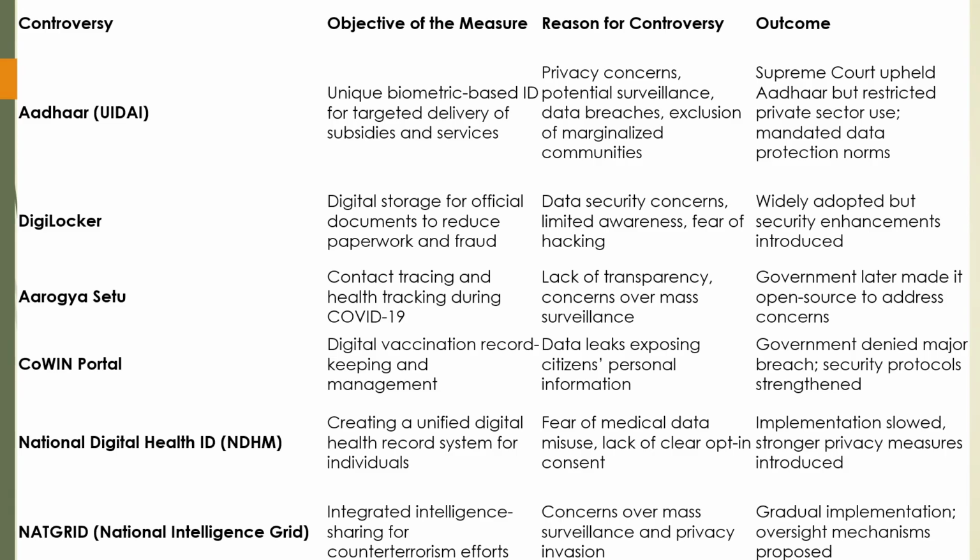Outcome: widely adopted, but security enhancement must be introduced. Next is the controversy about Aarogya Setu. Objective: contact tracing and health tracking during COVID-19. Reason for controversy: lack of transparency and concern over mass surveillance. Outcome: the government later made it open source to address concerns.